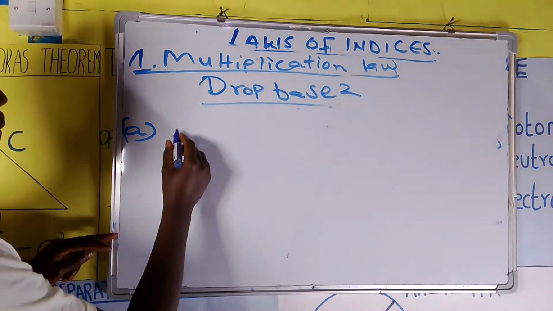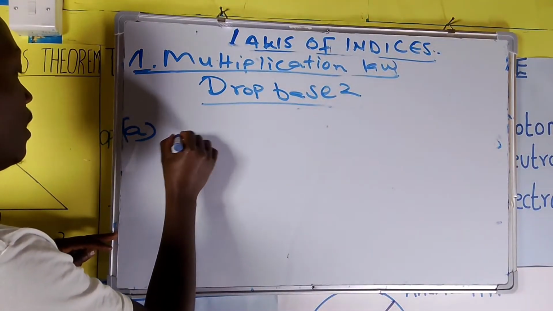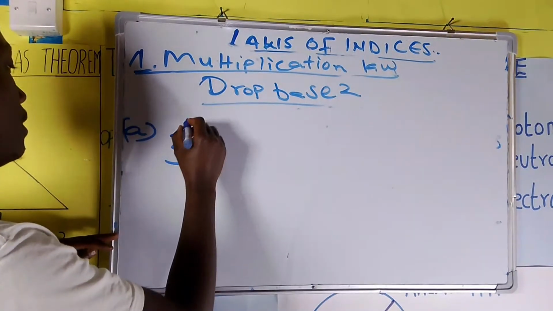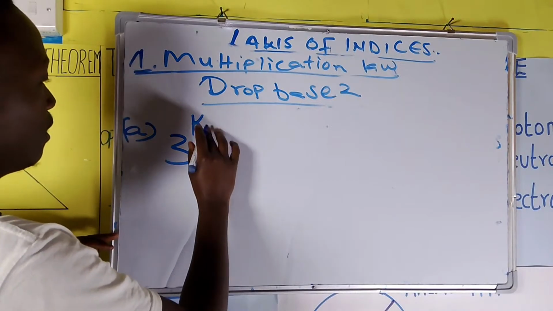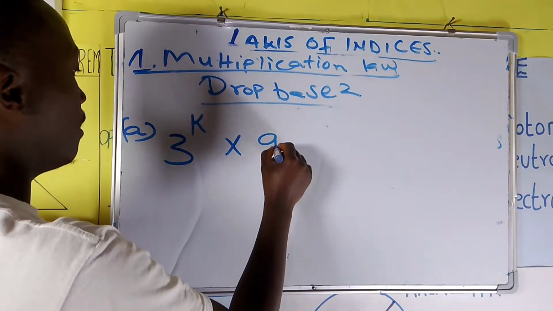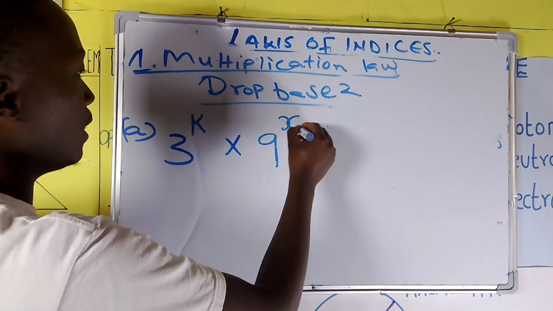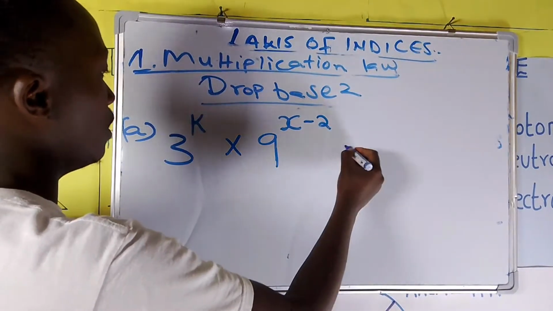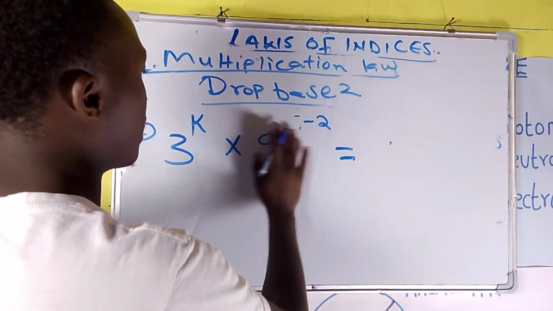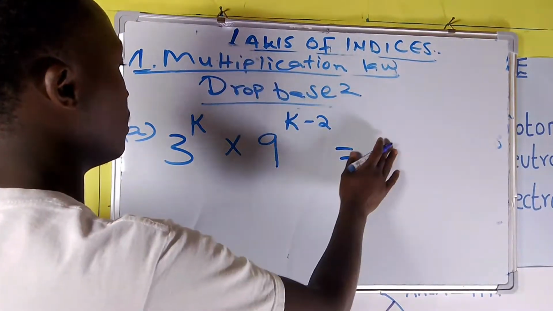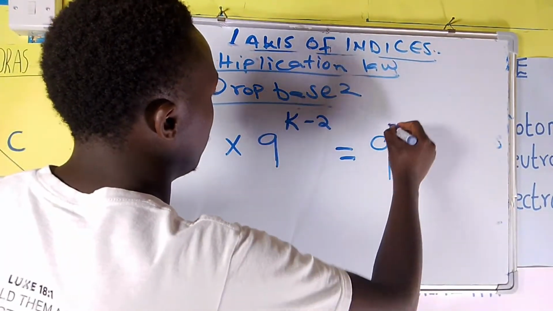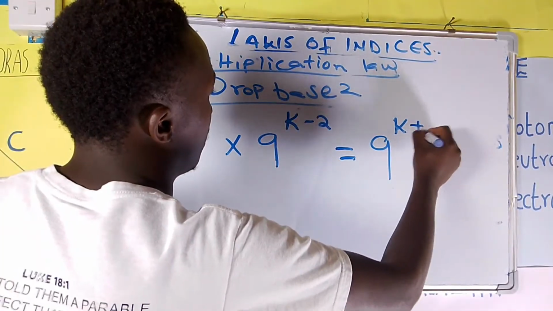So we have 3 to power k multiplied by 9 to power k minus 2 is equals to 9 to power k plus 4.